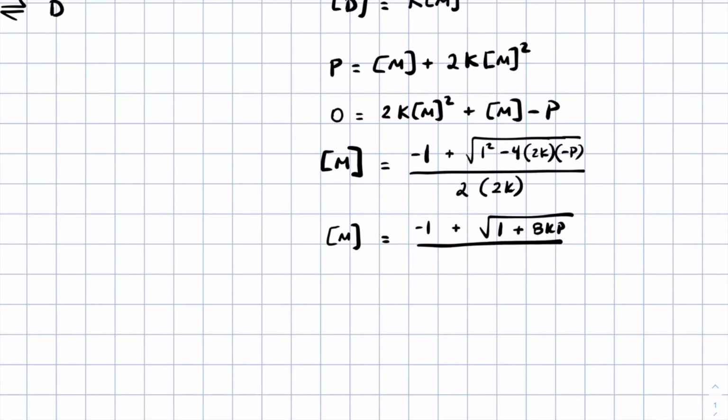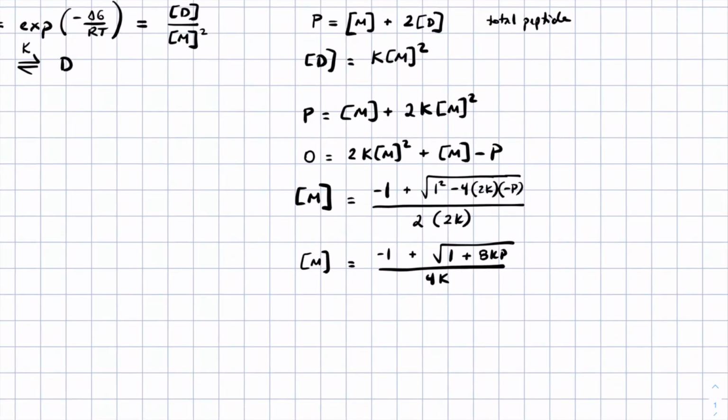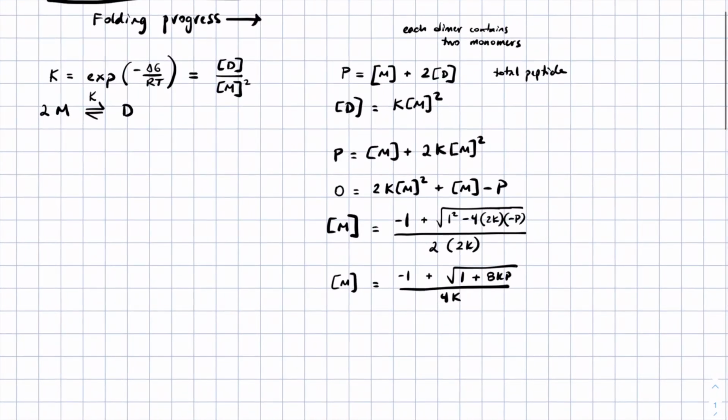8kp divided by 4k. All right, so what this tells us is if we know the total peptide concentration and if we know or can calculate the equilibrium constant, and remember we defined that here, then we know at any given point how much monomer is present. Okay.